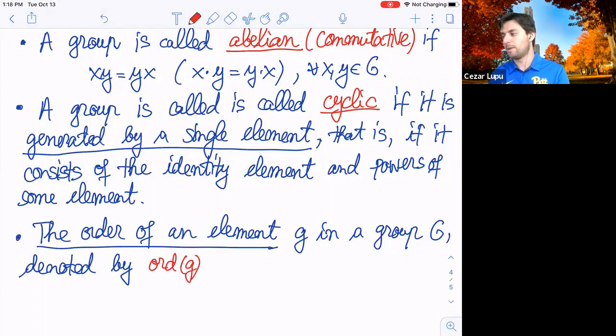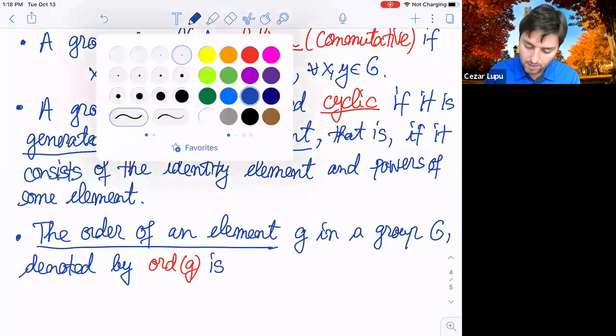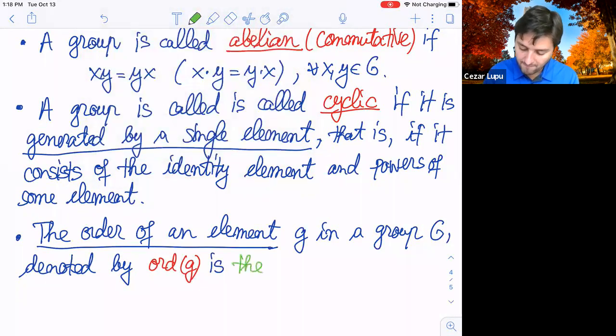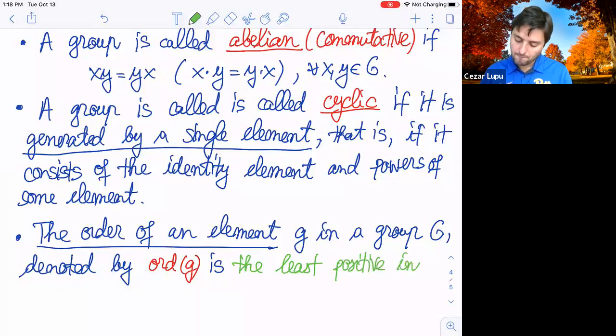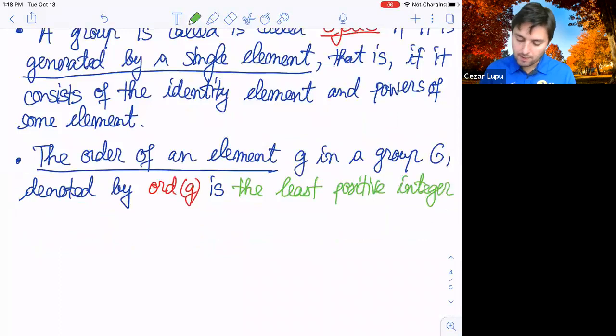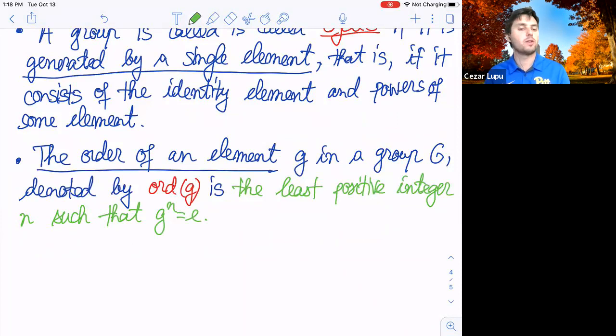This is the order of an element g, is, in fact, the least positive integer n such that, guess what? g to the power n is the identity. So that's what we call the order of an element g in a group, right?